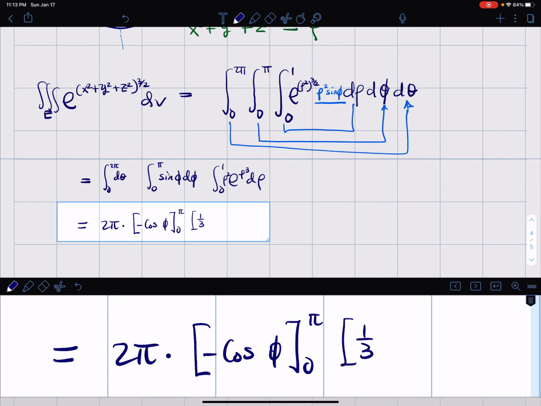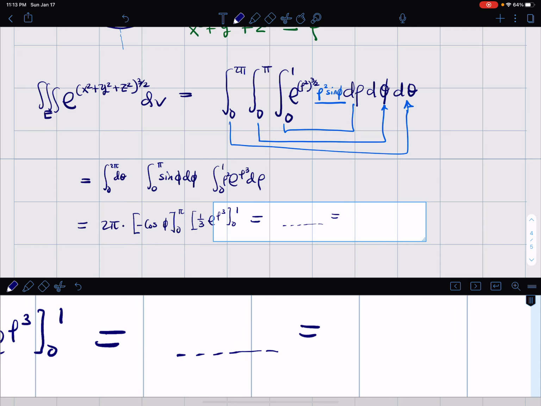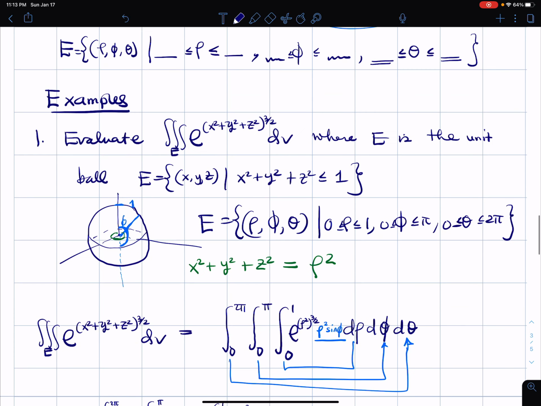The last one, you have to use substitution to get 1/3 e to the rho cubed, going from 0 to 1. Okay, and I'll let you finish it up. But the answer I got is actually 4/3 pi (e minus 1). So I want you to simplify this and get that.